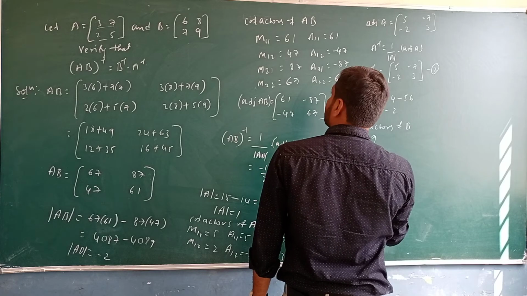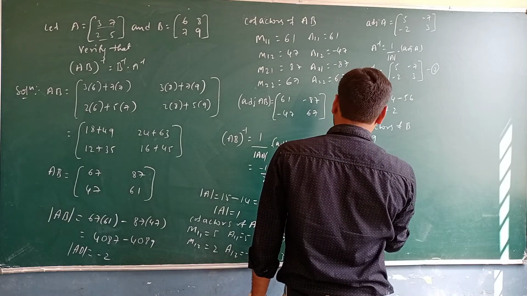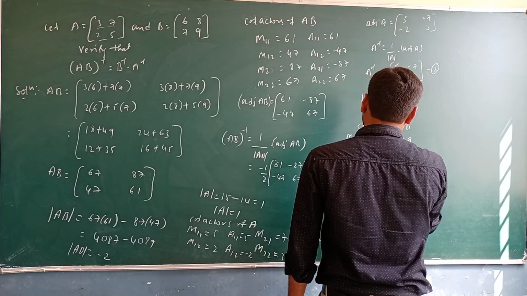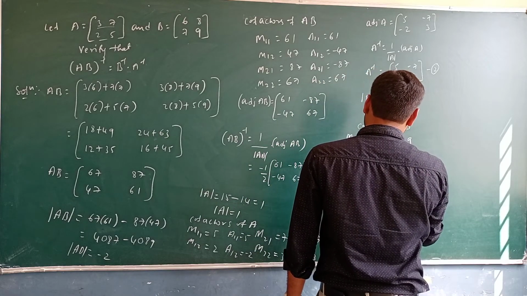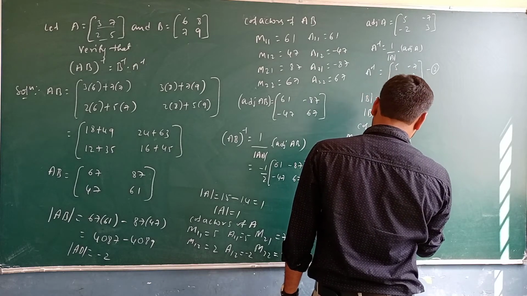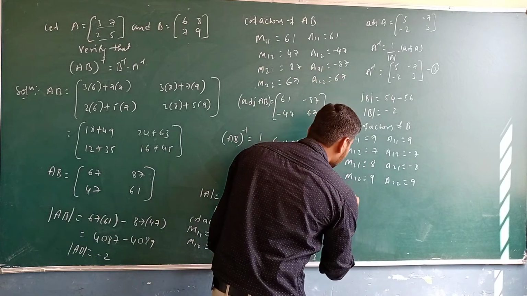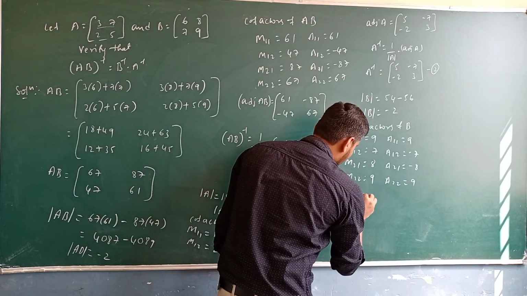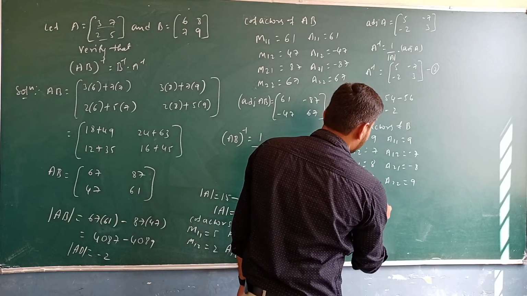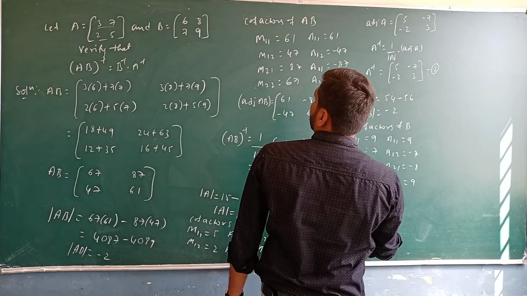Then m21 is equal to 8. Then m22 is equal to 9. Then corresponding a11 is equal to 9, a12 is equal to minus 7, a21 is equal to minus 8. Then a22 is equal to 9. Then corresponding adjoint of B is equal to 9 minus 7 minus 8 6.